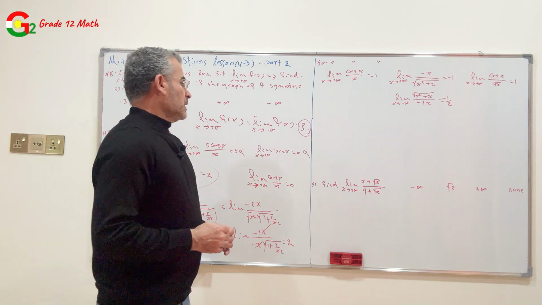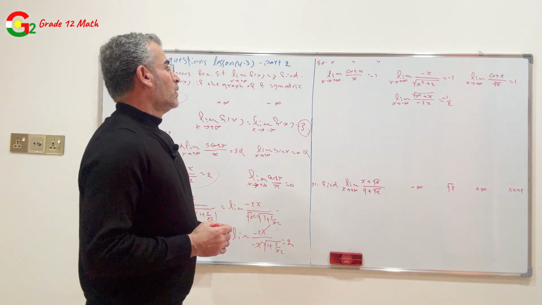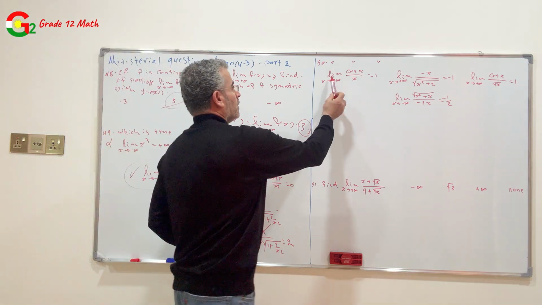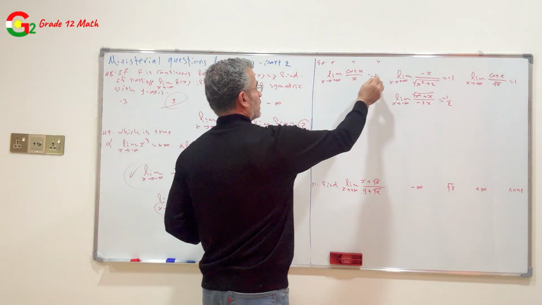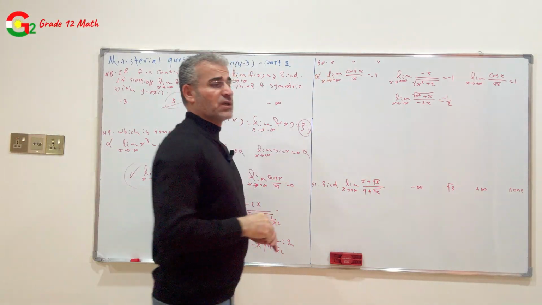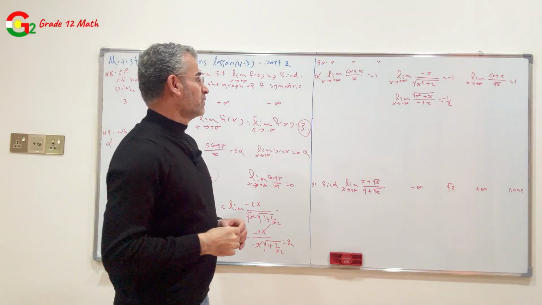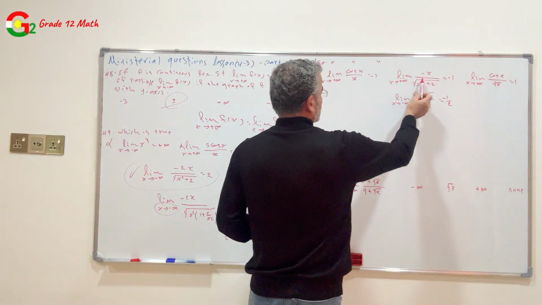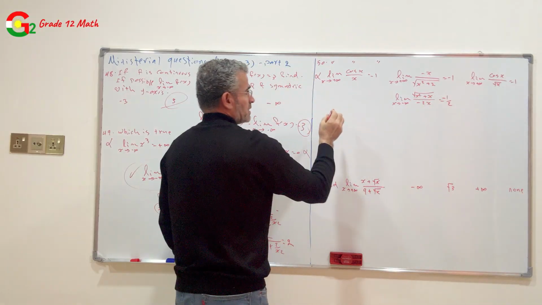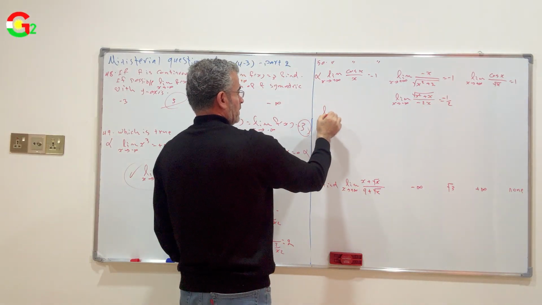Question number 50. Which is true? The limit of cosine x over x when x approaches positive infinity is equal to 1. It is wrong. It is 0 by the squeeze theorem. We solved it before. The limit as x approaches positive infinity of this function equals negative 1. Let us see.